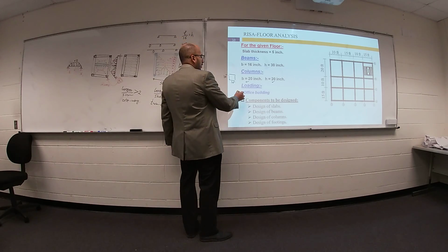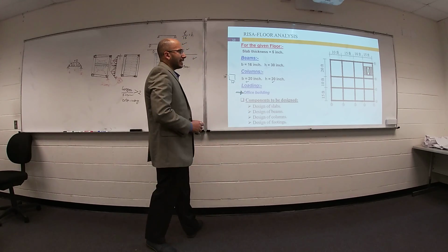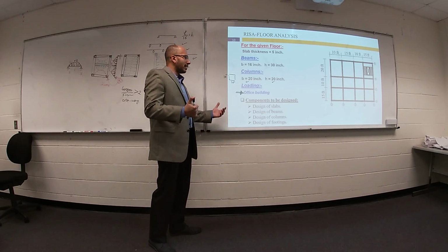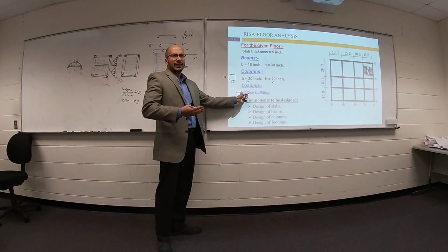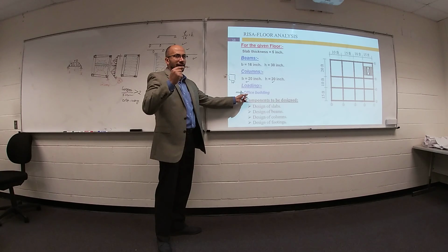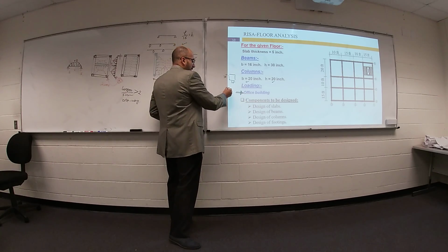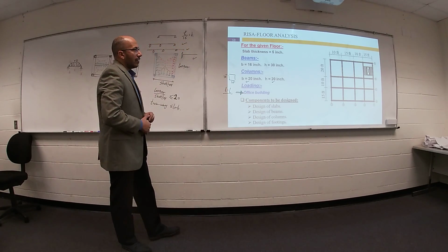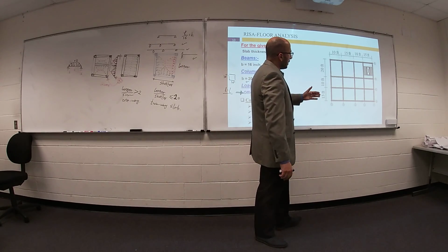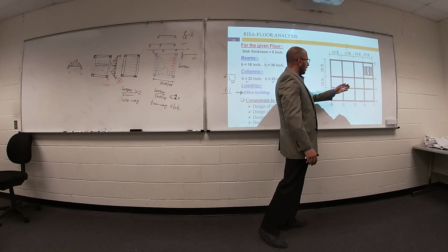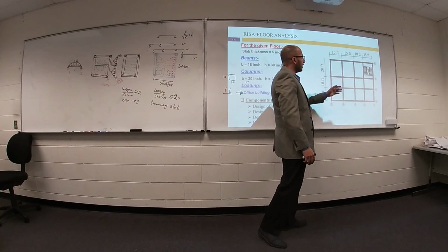So your type of building is office. Anyone know why I need to decide what is the purpose of your building? For what? Live load. Yeah. For live load. Then I would like to get the final bending moment on beam, shear, reaction on column, moment on slab.